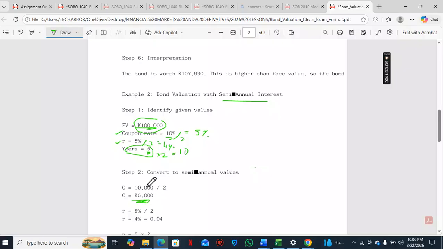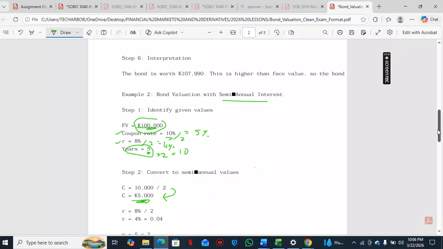Or because earlier we already calculated 10,000, and since now the bond interest is paid semi-annually, we just divide that 10,000 by 2 to get this 5,000. So in 6 months you'll be paid 5,000, another 6 months 5,000.